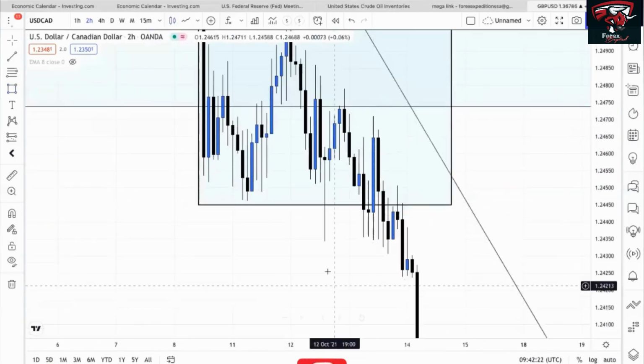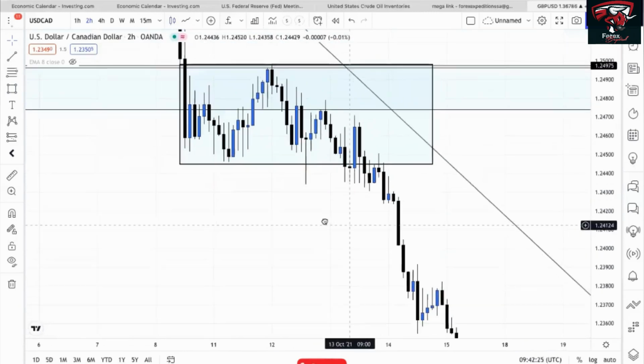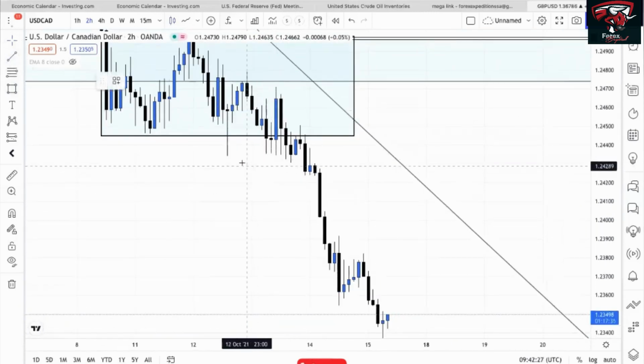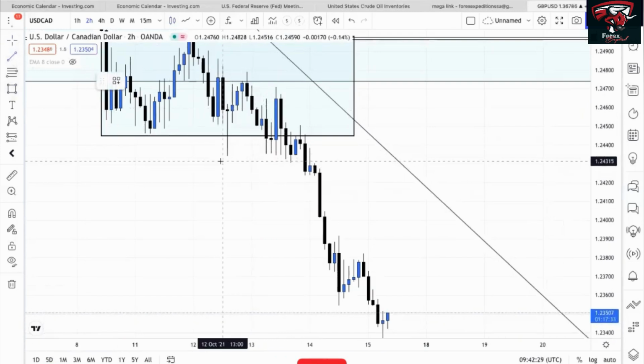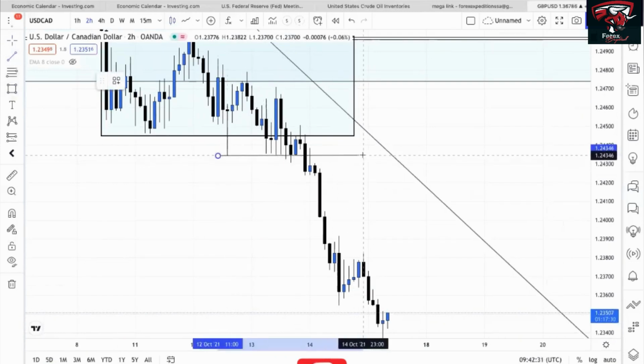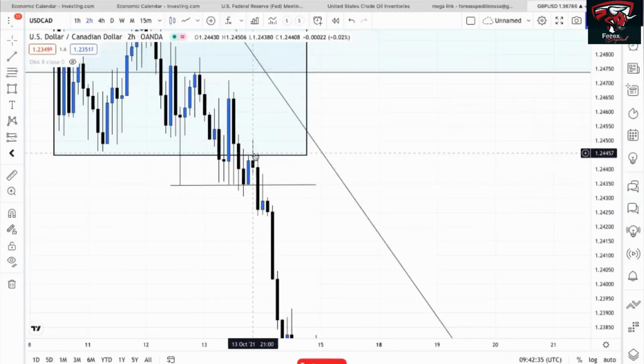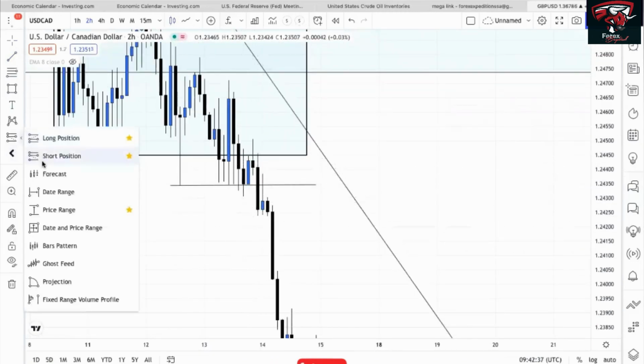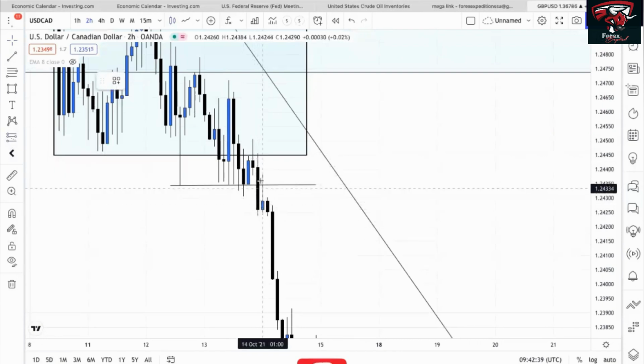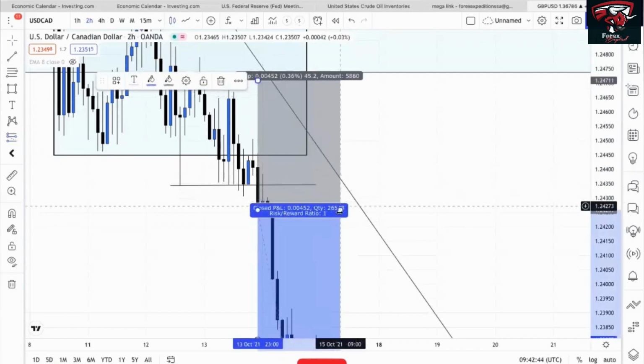Now, the first sign of bearish momentum coming out of this is this black candle over here. This bearish candle. First sign of bearish momentum. You enter with a sell.